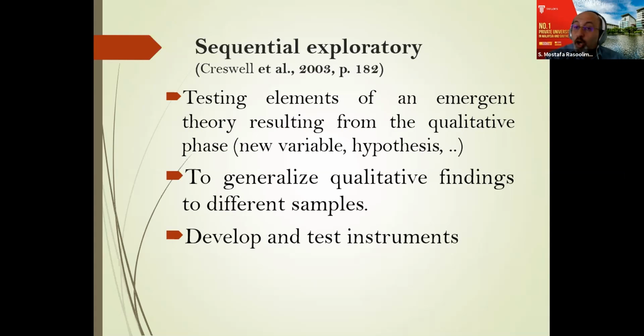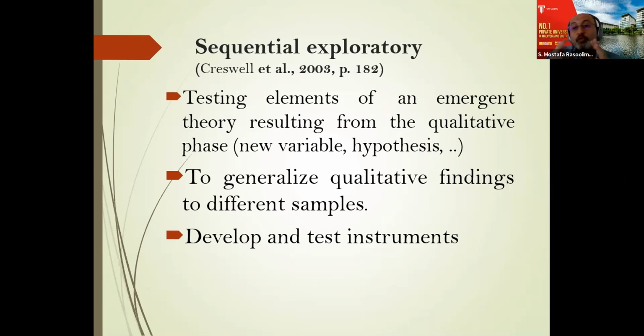Sometimes we also apply this sequential exploratory design. We have the result of qualitative. For example, we don't have prior studies, right? We want to understand the factors influencing the adoption of technology in a rural area, or using a mobile app for online purchasing.